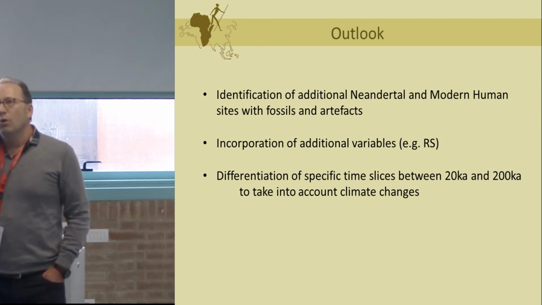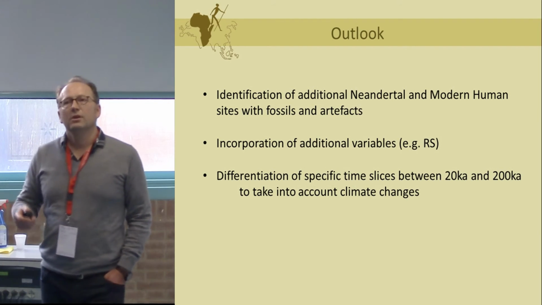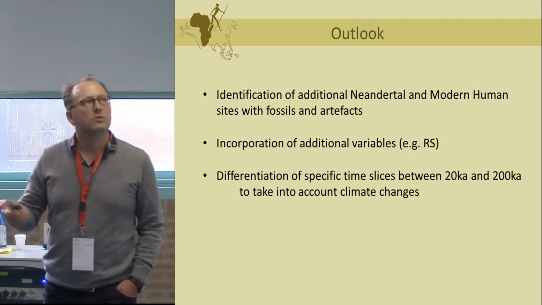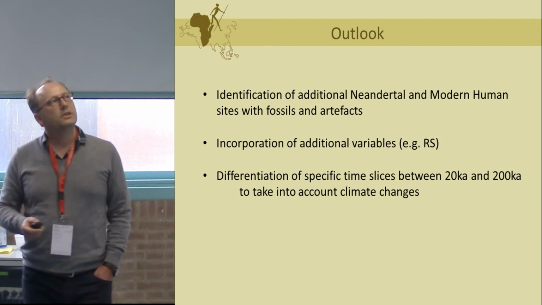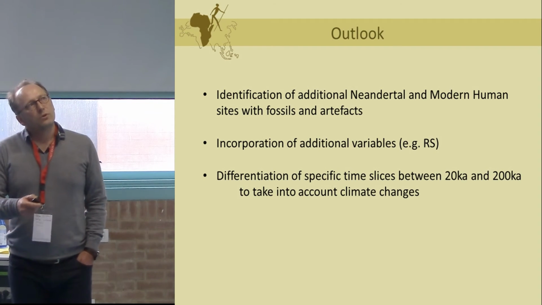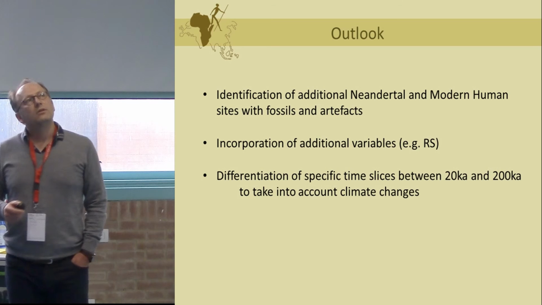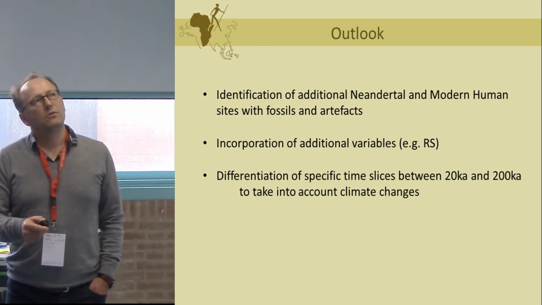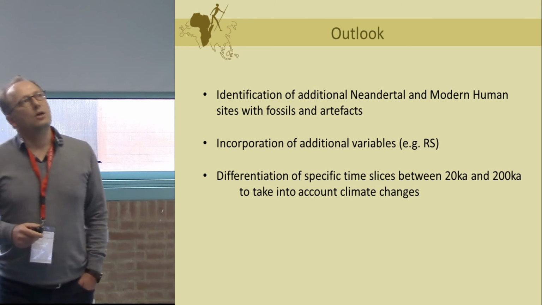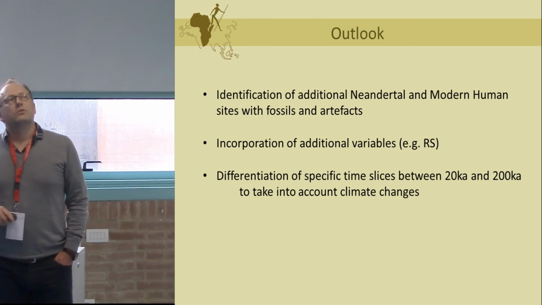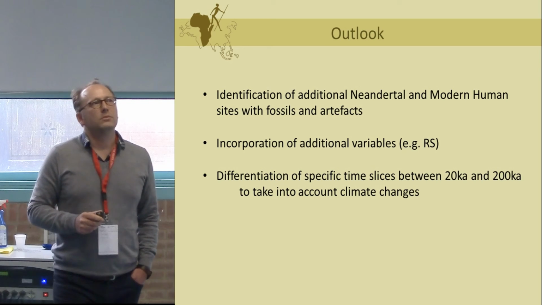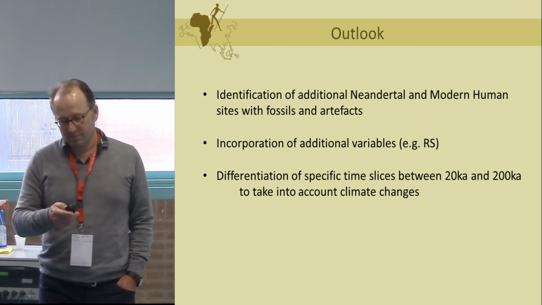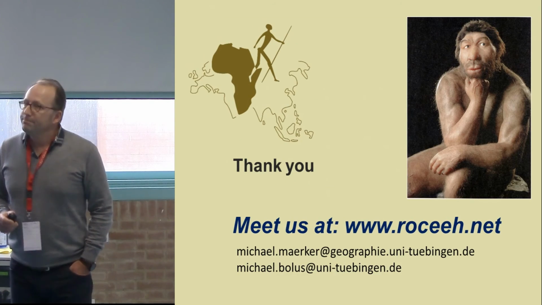We have to incorporate additional variables, for example, derived from remote sensing, also describing the environment in terms of the surface properties. And what we would also like to do is differentiation in specific time slices between 200,000 and 20,000 BP to take into account the different climatic phases that we have within that time slice. So thank you very much.